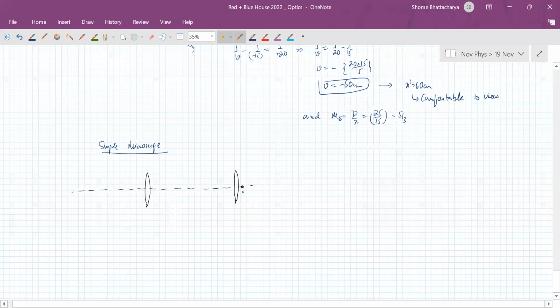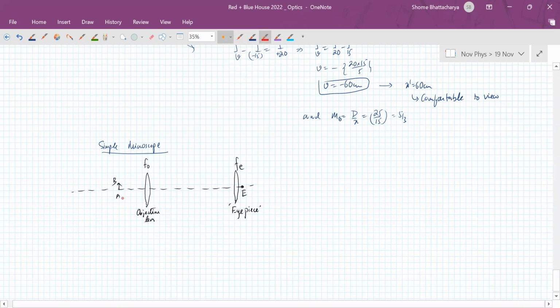So if the eye is over here, this particular lens that we look into is called the eyepiece, and that has a focal length of Fe. And the object is kept in front of another lens that is called the objective lens. So this has a focal length F0.